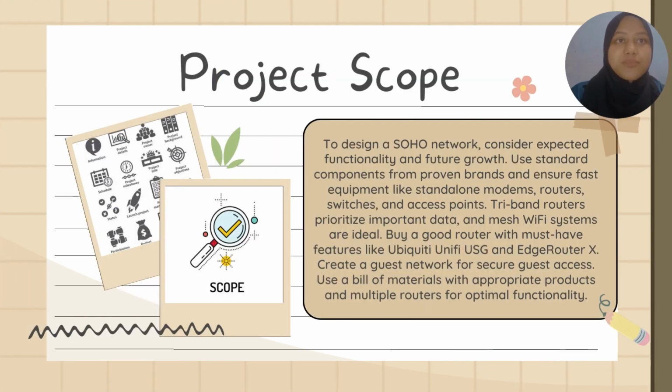For the project scope, to design a SOHO network, consider expected functionality and future growth, use standard components from proven brands, and ensure fast equipment like standalone modems, routers, switches, and access points. Tri-band routers prioritize important data, and mesh Wi-Fi systems are ideal.